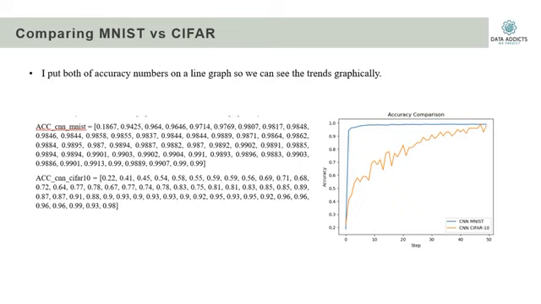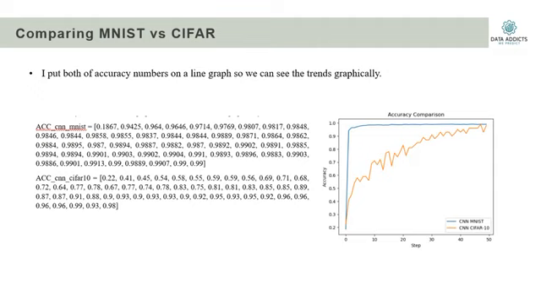Here you can see that there are two different accuracy measures. The first one is for the MNIST dataset, and it is colored blue in my line graph, and the second one is my accuracy rates from the CIFAR dataset. And you can see that the color is orange.